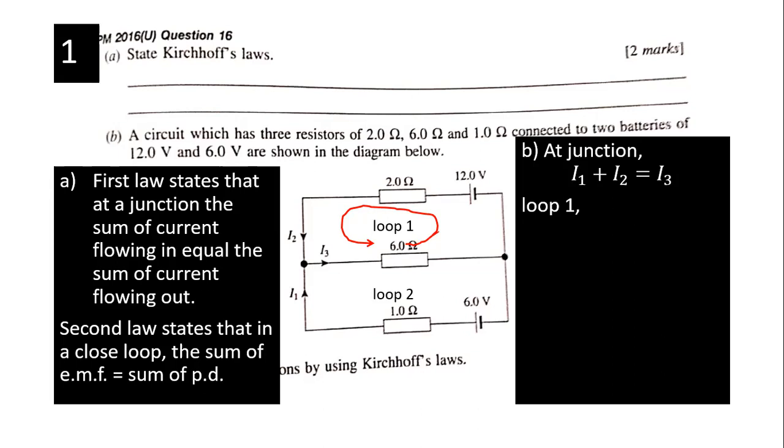Loop 1 is 6 equals 2I2 minus I1. Loop 1, not loop 2. This loop, with the 12 volt there.